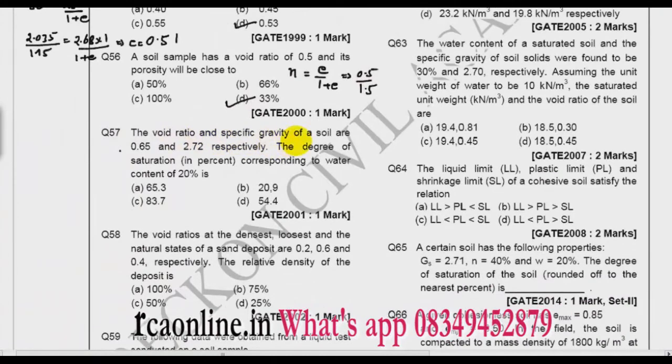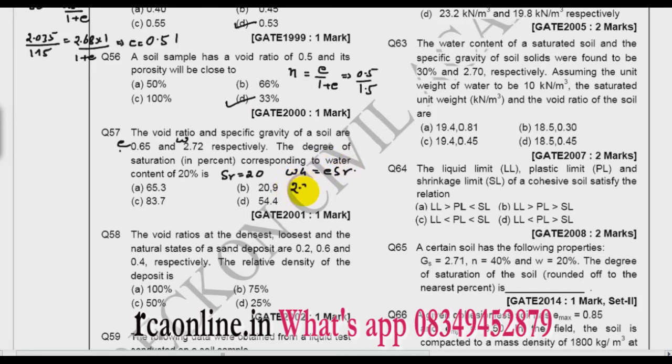The void ratio and specific gravity of soil are 0.65 and 2.72 respectively. The degree of saturation corresponding to water content of 20% is. So Sr is given as 20, e is given as 0.65 and G is given as 2.72. What we will do? wG is equal to eSr.